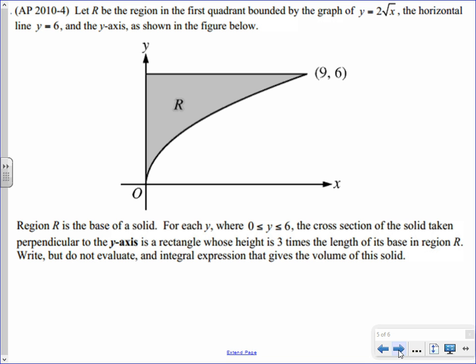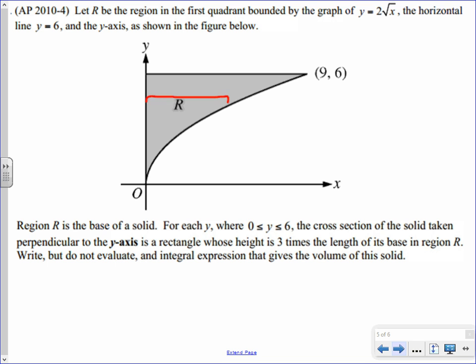Well, I would simplify it. I just don't want to have 2 squares. Well, you have to have times 3.